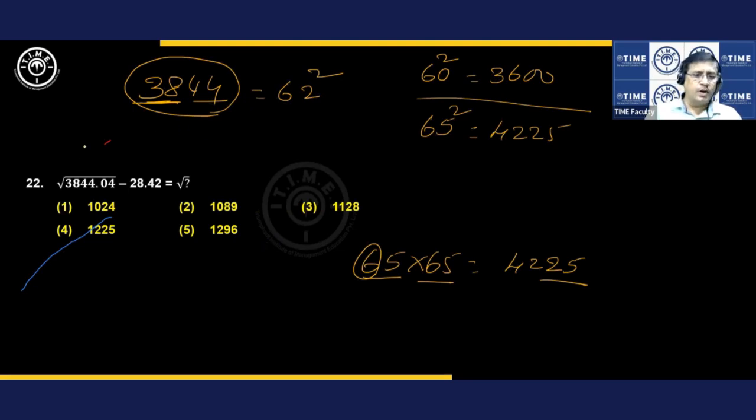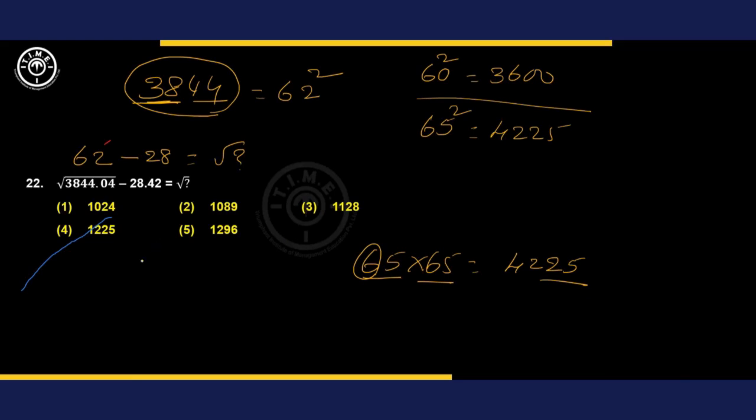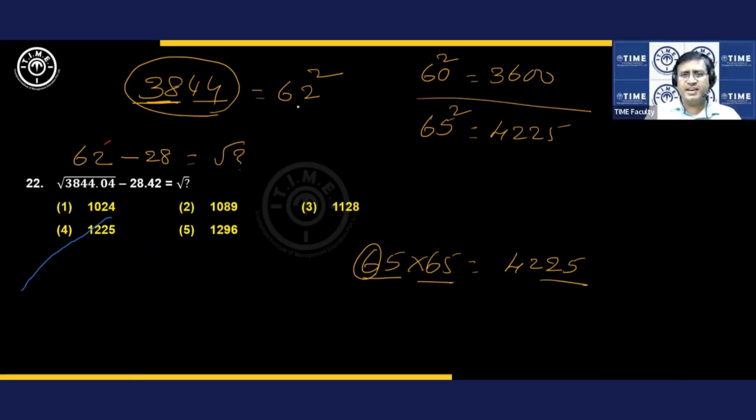So 62 minus 28, where 28 is the square root of 784, is equal to the square root of question mark. Okay. So what is the value of 62 square? Is it 3844? 62 square, is it 3844?